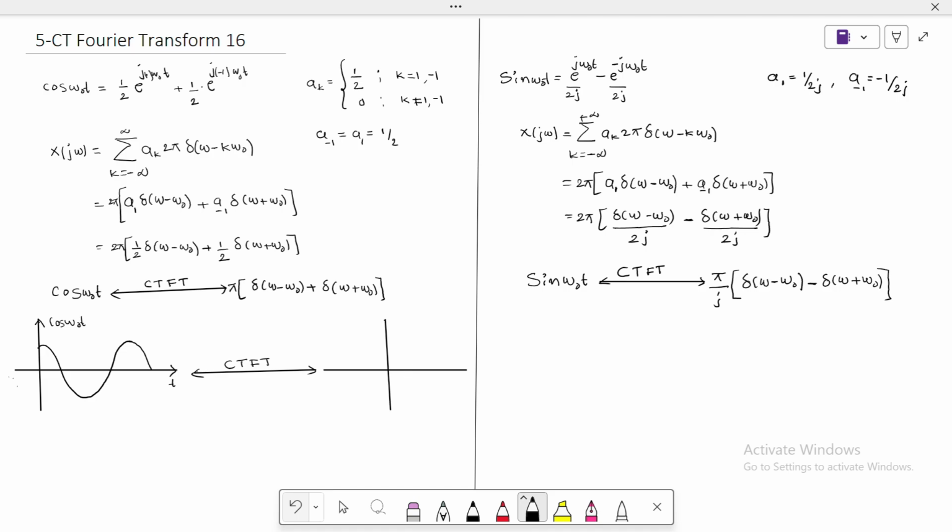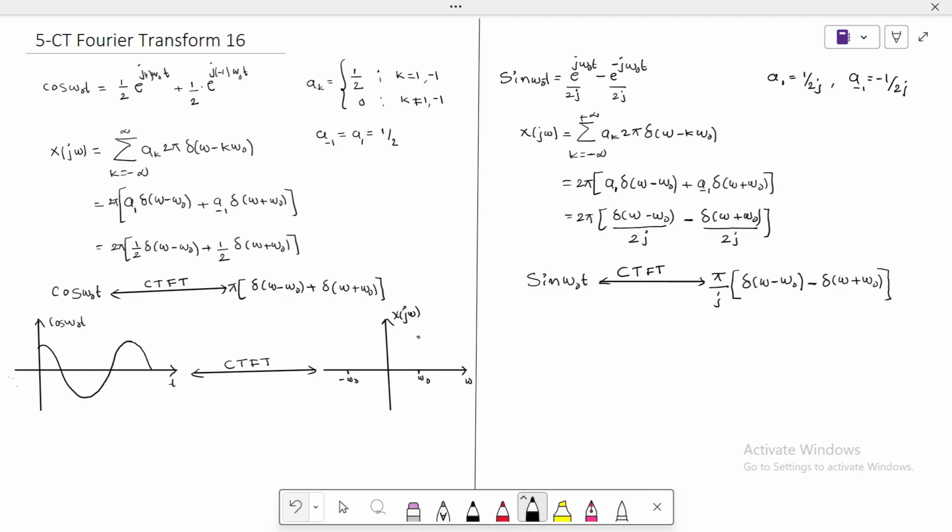This is X of j omega. One impulse is delta of omega minus omega naught, at omega naught. This is omega naught, this is minus omega naught.